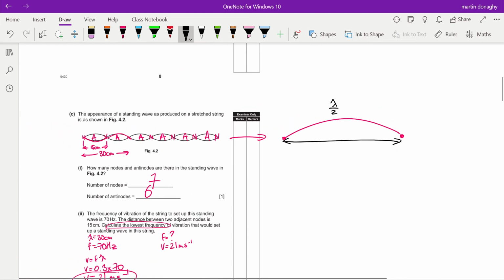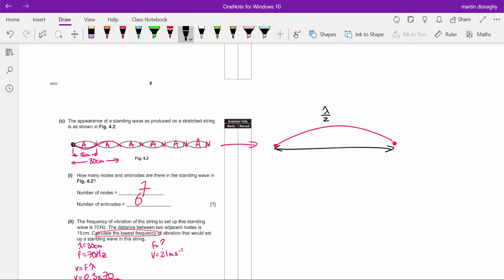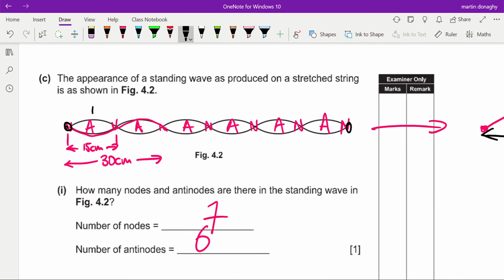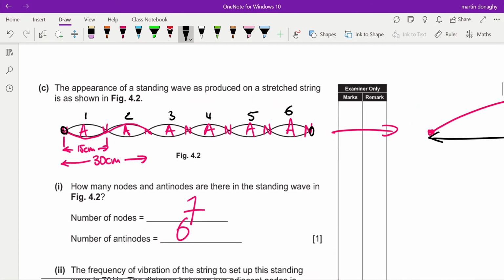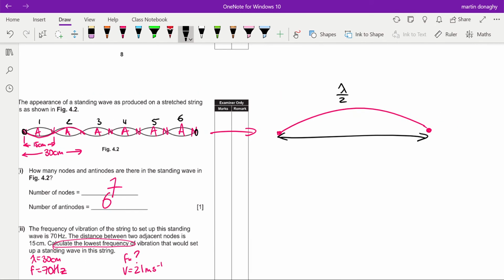The distance between the first node and the last node: between there and there is 15, and we have 1, 2, 3, 4, 5, 6 of those. So that distance is 6 times 15, which is 90 centimeters. So the total length of our string is 90 centimeters.